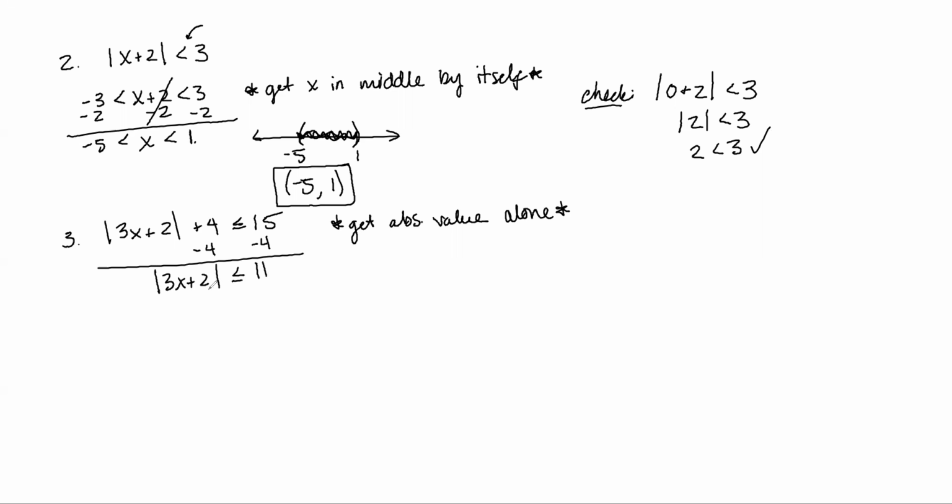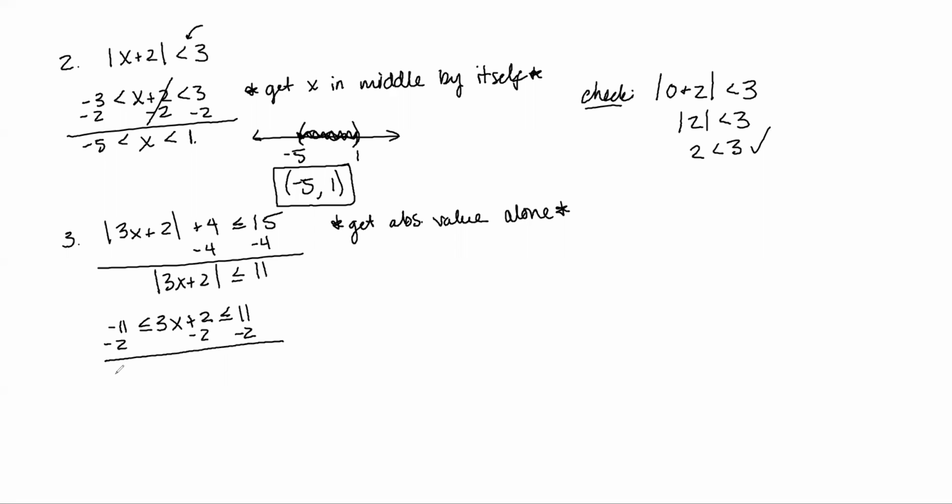And now we can make our compound inequality. So because it's a less than, we're going to make our 3-part inequality. So we have 3x plus 2 less than or equal to 11, and on the left side, we're going to have a less than or equal to and a negative 11 over there. So now solving for x, we're going to subtract 2 from all 3 sides.